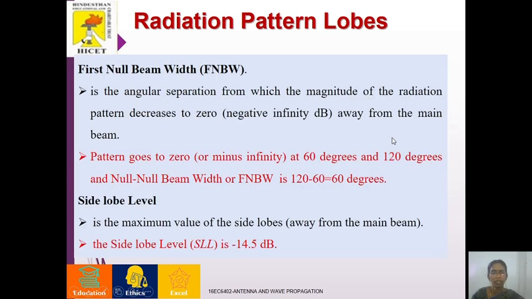First null beam width, or FNBW. This is the angular separation from which the magnitude of the radiation pattern decreases to 0 away from the main beam. That is, the pattern goes to 0, or minus infinity, at 60 degrees and 120 degrees in the diagram.